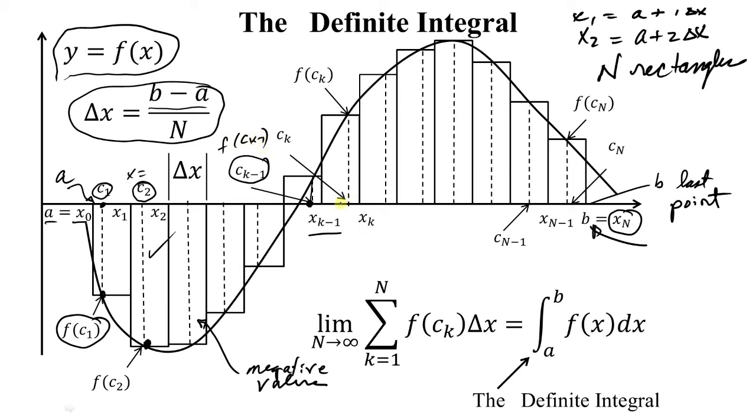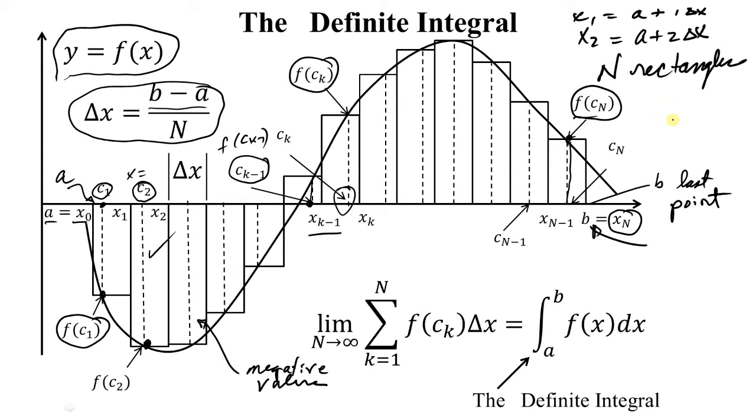And then when we get to c sub k, f of c sub k would be the height of the kth rectangle. And finally we get to the end, and we have f of c sub n, which is the value of the function at x equal c sub n.